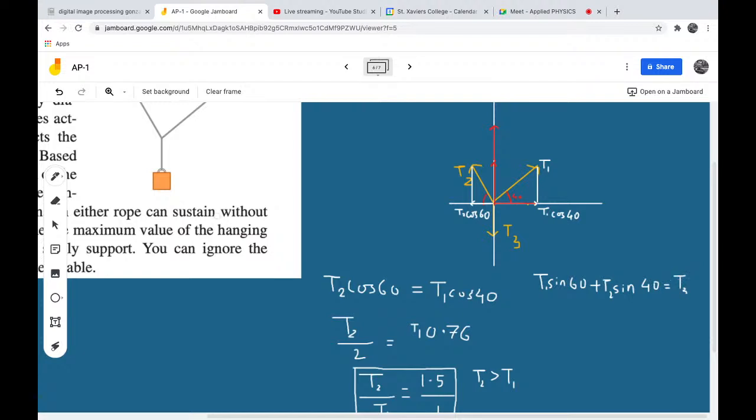But if you draw a free body diagram of only this block, then how would it look like? For the block, mg is working downward and tension in this cable, which is T3, is working upward.